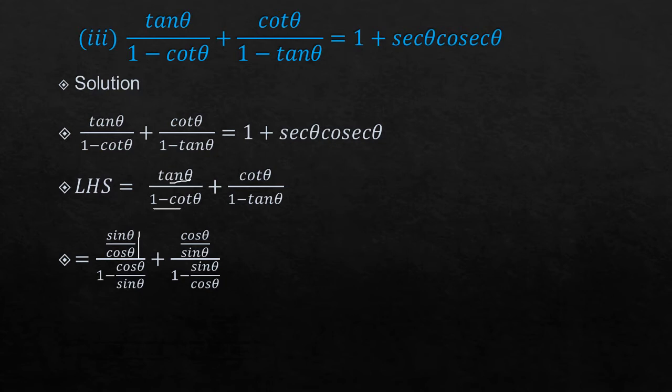In the denominator, in place of 1 minus cot theta, you will write 1 as it is, minus cos theta upon sin theta. Plus now here cot theta is cos theta upon sin theta, upon 1 as it is, minus sin theta upon cos theta.